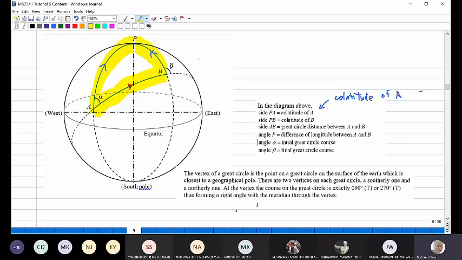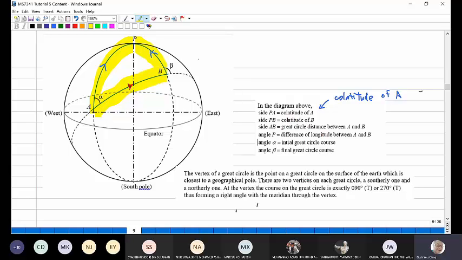All right. Now, how do we talk about the initial great circle course and beta? We already mentioned alpha and beta. Now, what is the angle P in this case? Angle P is actually, you know that the points A and B have a longitude and latitude.